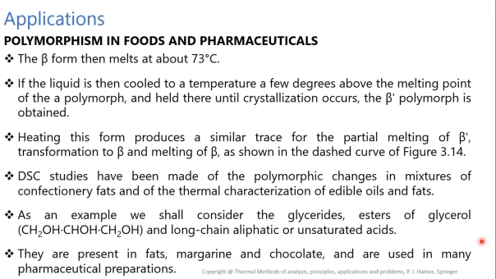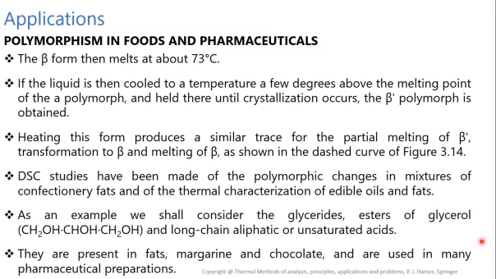If the liquid is then cooled to a temperature a few degrees above the melting point of the polymorph and held there until crystallization occurs, then there is a formation of the metastable polymorph, that is, the beta dash.